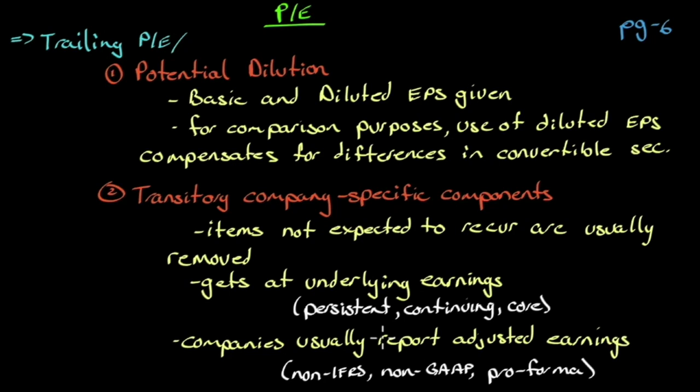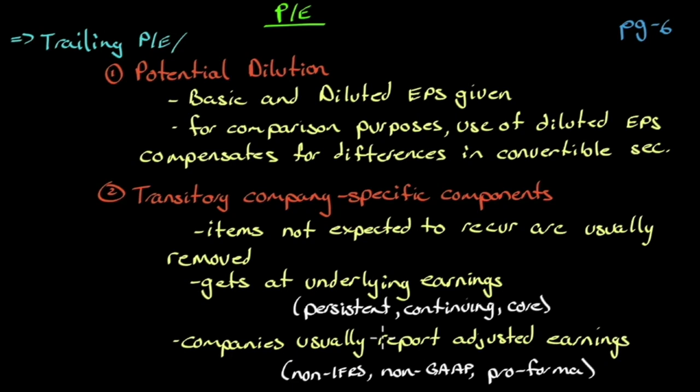So if there's some confusion in the numbers as to what's recurring and what's not recurring, a company will usually help the analyst out by saying, look, here's our earnings per share for this quarter. Here is our non-GAAP earnings per share. And what they're trying to point out is they're taking out the transitory, non-recurring component of EPS to show what EPS would have been had that single little event not happened.